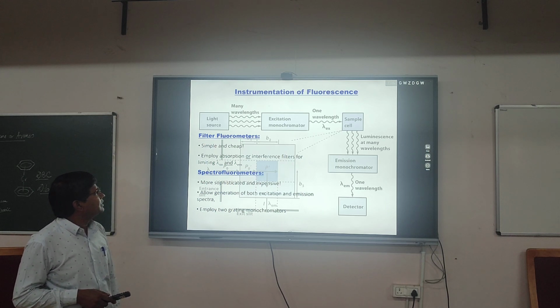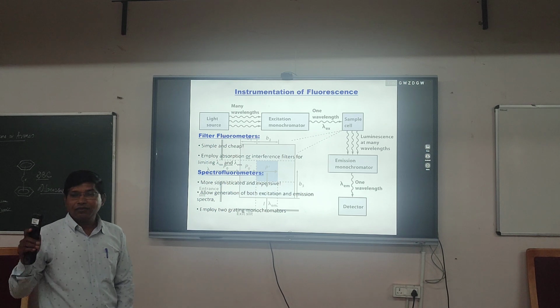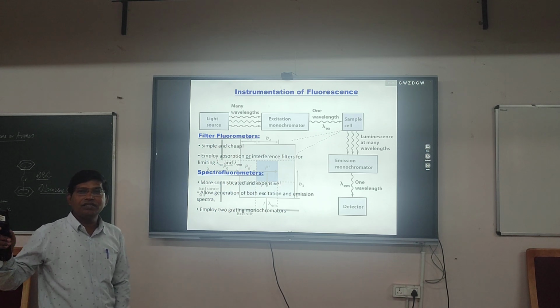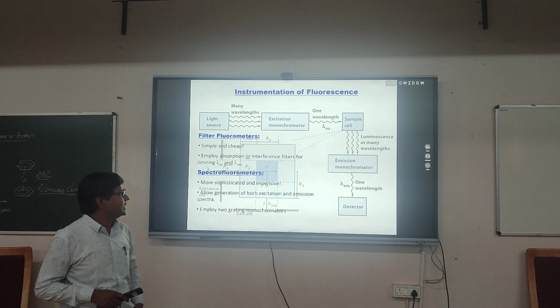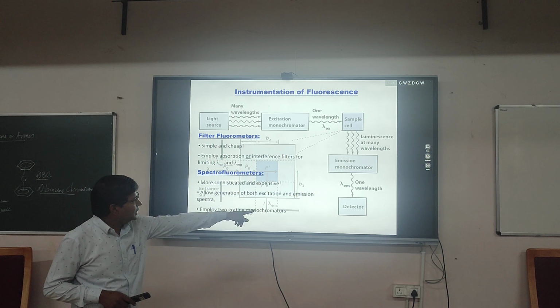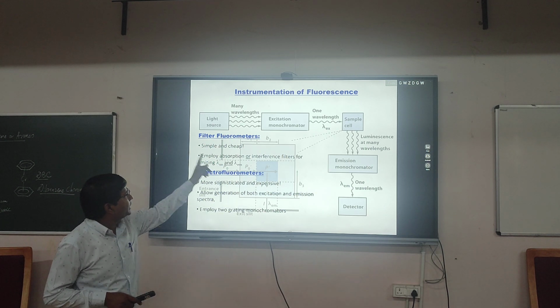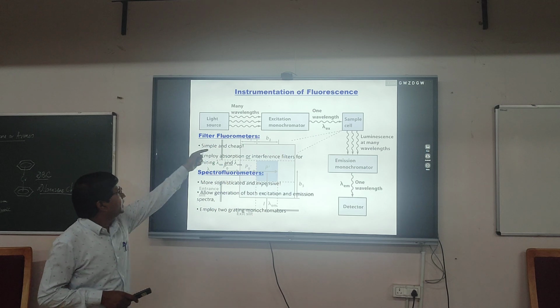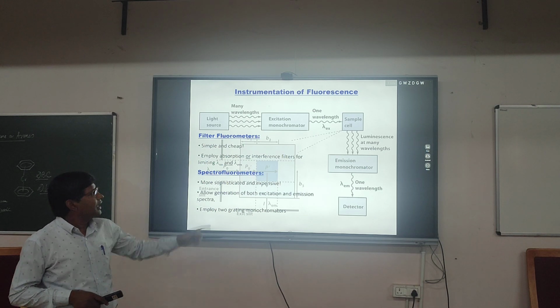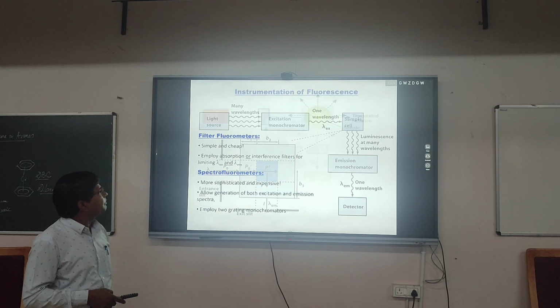As we know, in fluorescence or phosphorescence we generally measure the scattered radiation, and the detector is put perpendicular to the incident radiation coming to the sample.